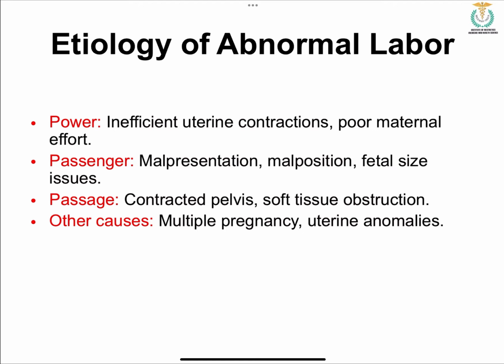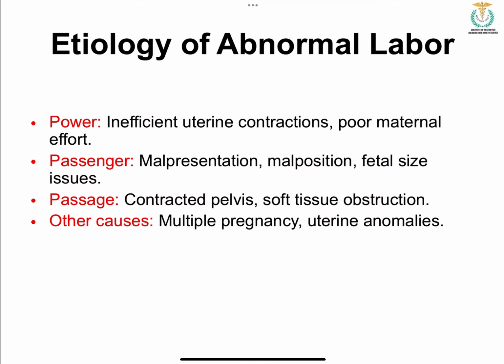Other causes include multiple pregnancies and uterine anomalies; these are also causes of abnormal labor. For example, imagine a combination which is usually common: a large baby with inadequate contractions. Here you are seeing a large baby, so the passenger's size, and inadequate contractions, that is about the power.